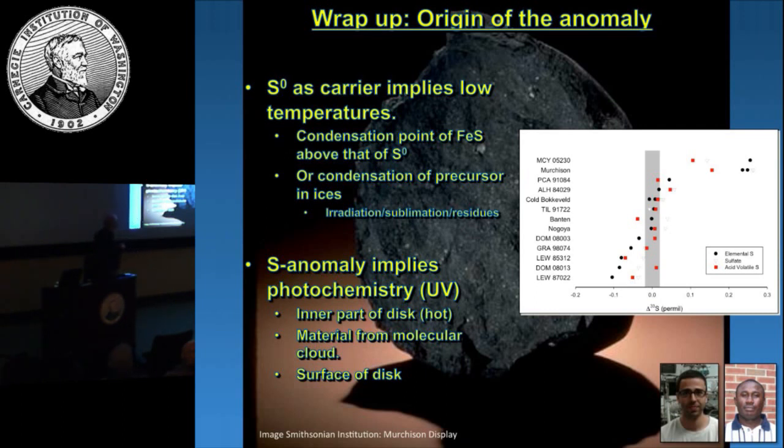And that is because if you want to put it in iron sulfide, you won't stabilize elemental sulfur under those conditions. Elemental sulfur sublimates. So putting it into these two pools becomes a difficult thing to do.